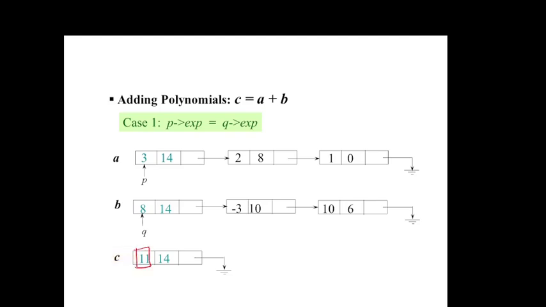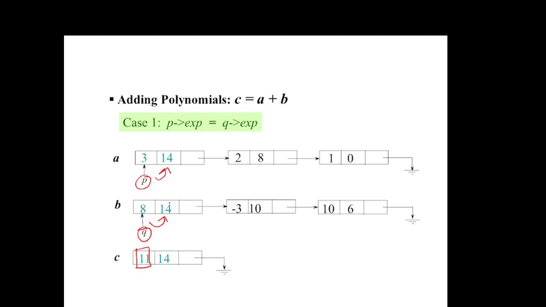11 has come, because let's say this pointer is the p pointer and this is the q pointer. P's exponent part is 14, and q is the pointer for the other linked list whose exponent part is also 14.